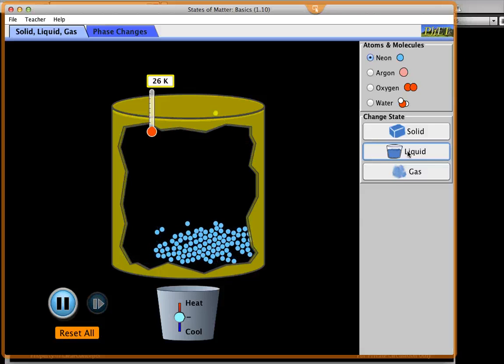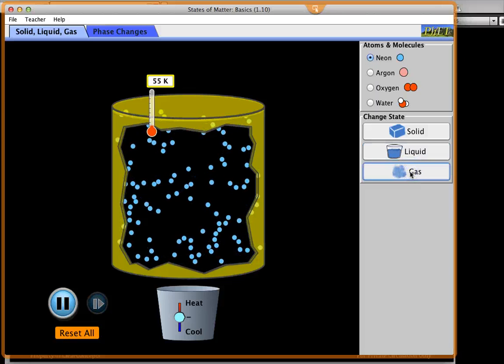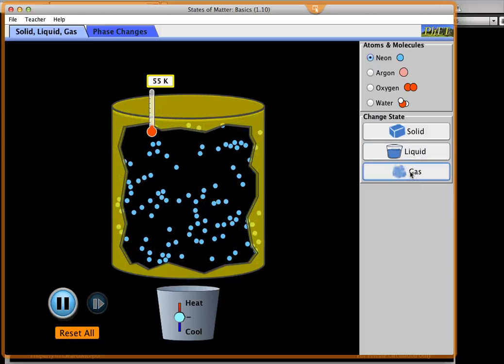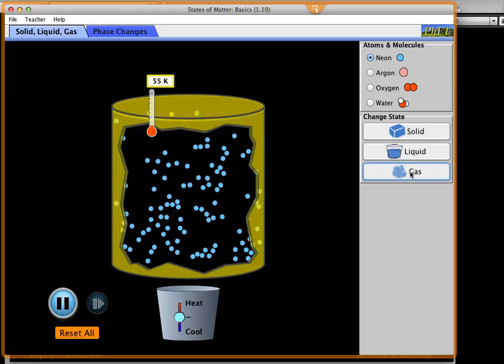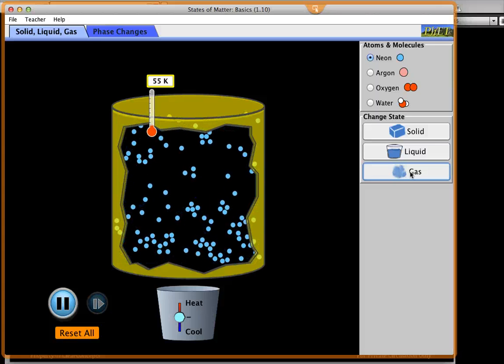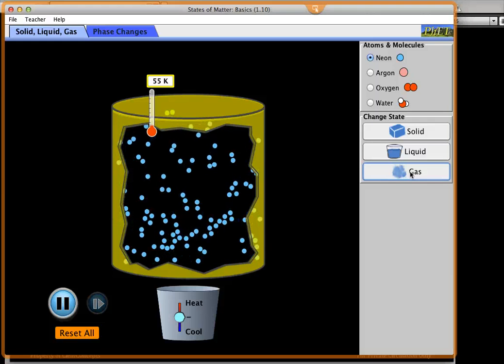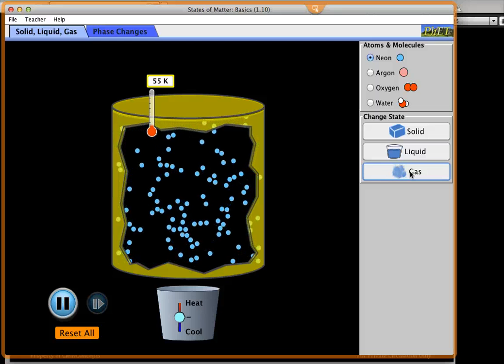Now I'm going to make it a gas. I'll give it some time. Let me know when all of you can see very vigorous motion all over the place. It should be obvious that it's become a gas. I'll wait till all of you confirm that you can see this.